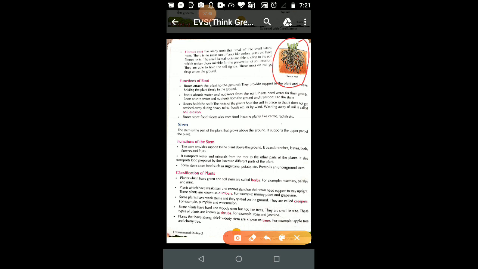So these plants are known as climbers. Creepers: some plants with a weak stem spread or creep on the ground. These are called creepers. Example: pumpkin.